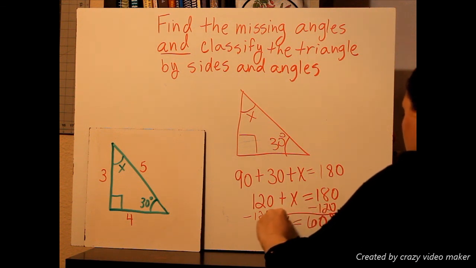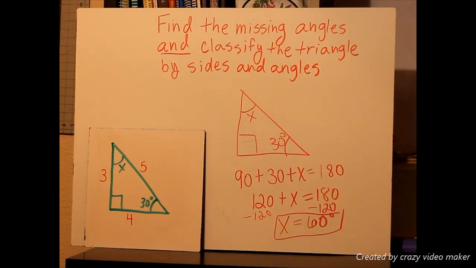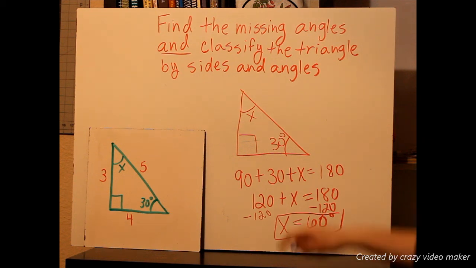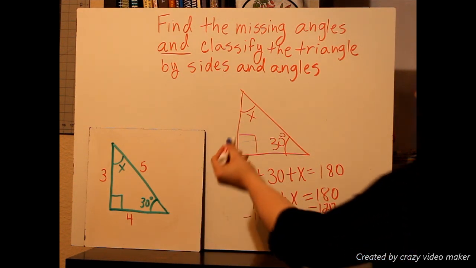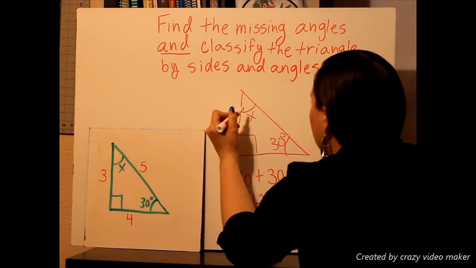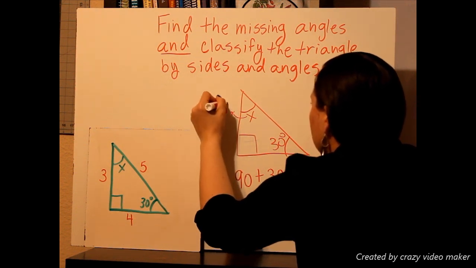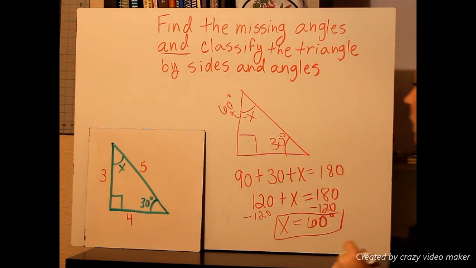So our angle X is 60 degrees. Okay, so now we've done that. You should always go back, and once you figure out what X is, go back and label that angle. We found that X is 60 degrees, so we're going to go back here and label it as 60 degrees.